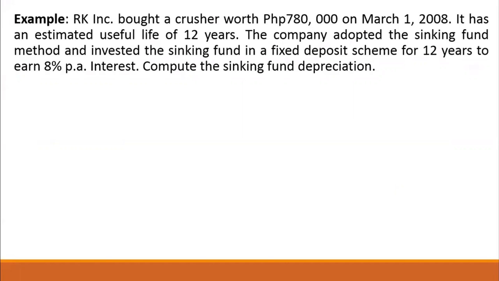So, the company adopted the sinking fund method and invested it in a fixed deposit scheme for 12 years para maka-earn ng 8% per annum interest. So, per year, 8% yung interest. So, compute the sinking fund. Paano natin siya i-compute yung sinking fund niya?